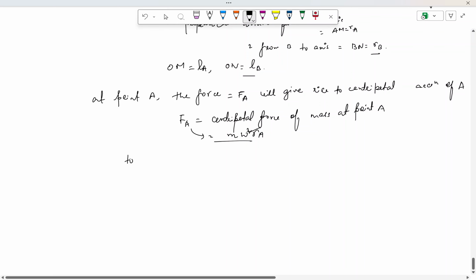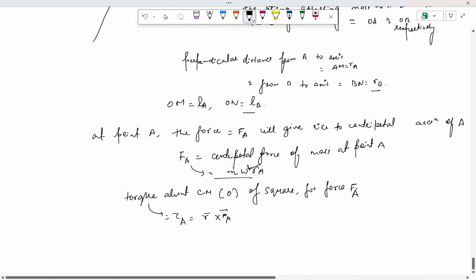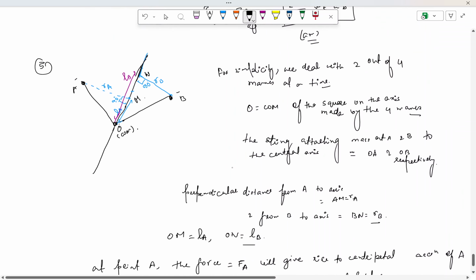So then the torque for this case about the center of mass, that is in this case O. So torque about the center of mass for force of FA, torque is tau A equal to R vector cross force vector.